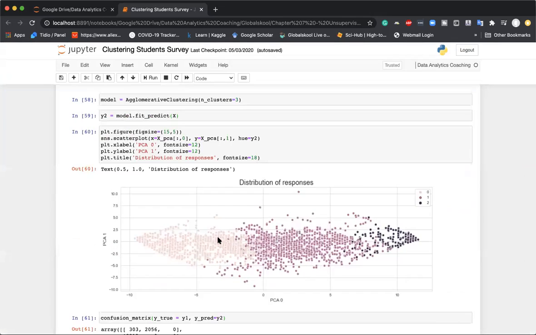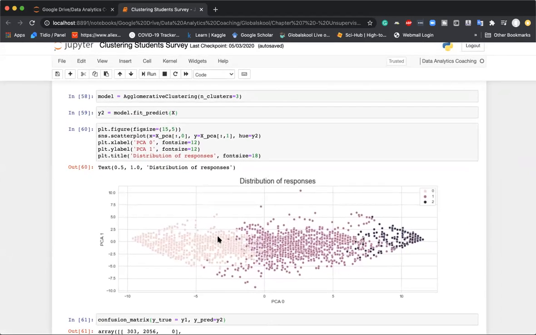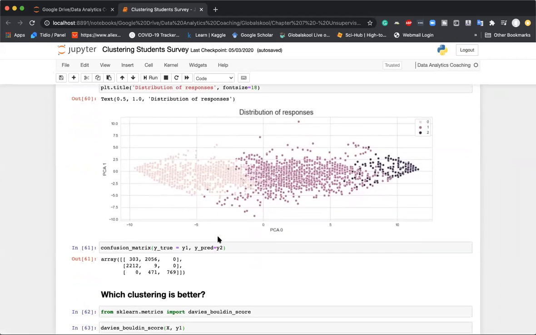Okay, we'll stop here. Unsupervised learning again depends upon the domain. Some domains have more use of unsupervised, some have more use of supervised.